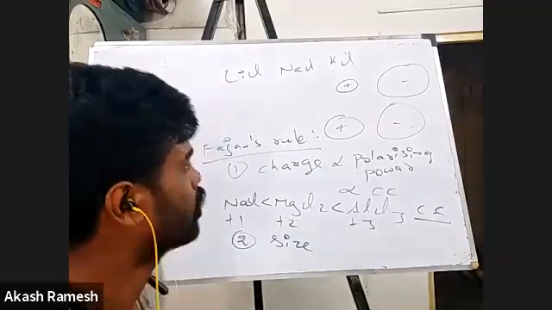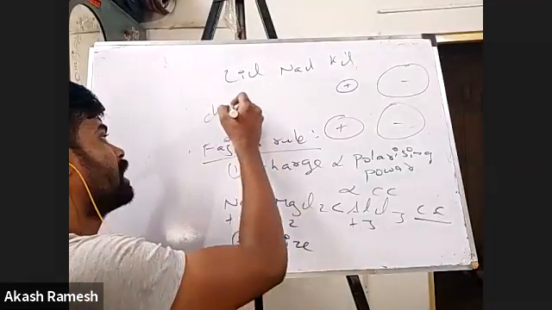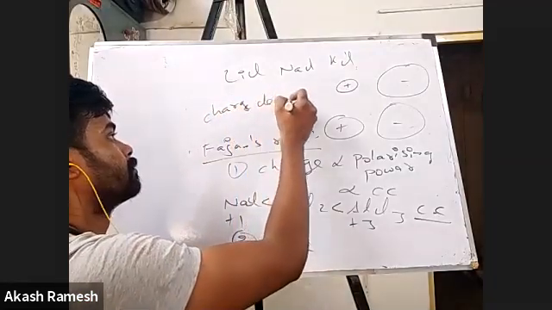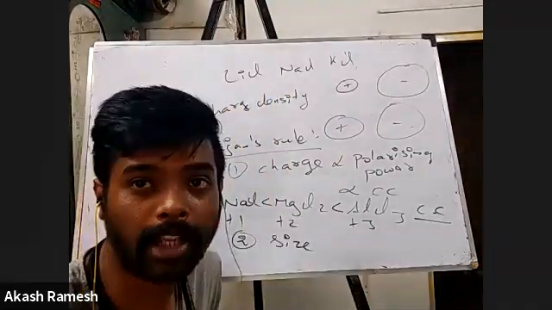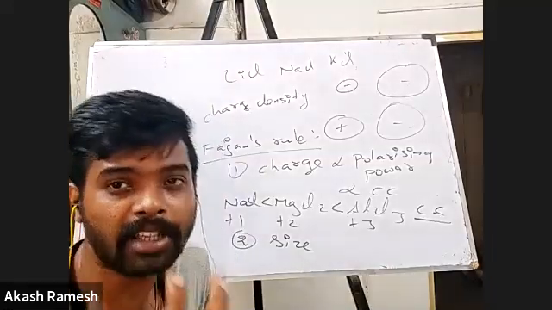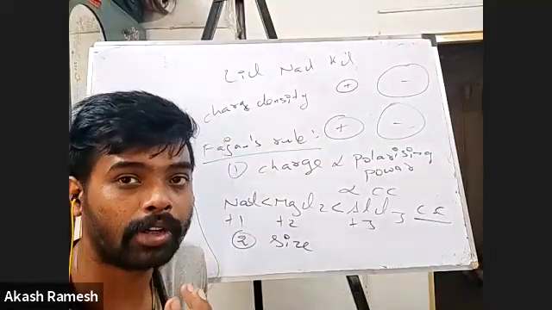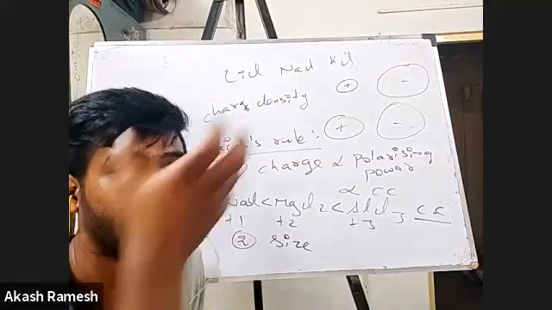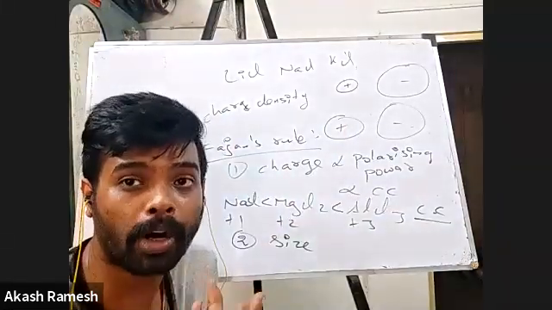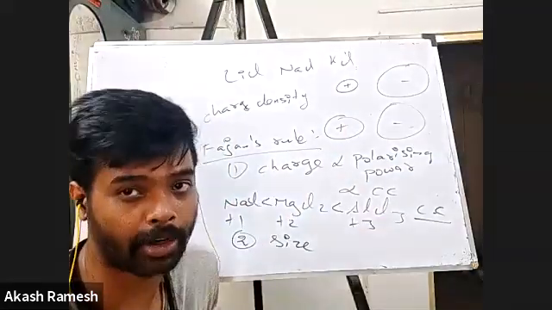The larger one, sir. Okay, right. So this is what we think, right? But you have to speak in terms of charge density. Wherever the charge density is higher, that will have more attraction for the electrons.